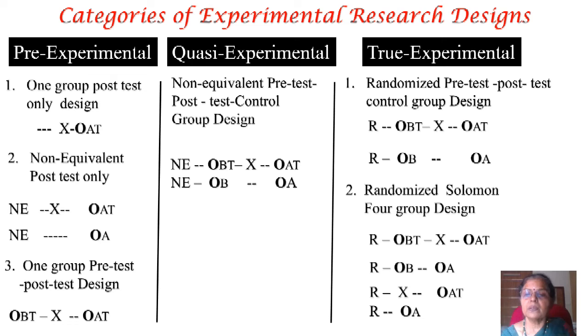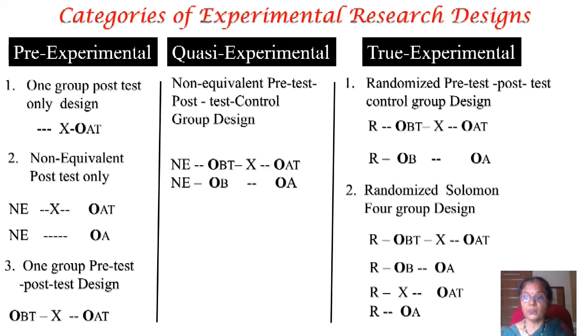So this Solomon 4-group design establishes the internal validity and also the external validity. What is external validity? It refers to the generalizability of your findings to other contexts. What is generalizability? It means that any findings you arrive at in your research should be applicable to all the other experiments conducted in the same context, in the same manner. So any research should have this element of generalizability.